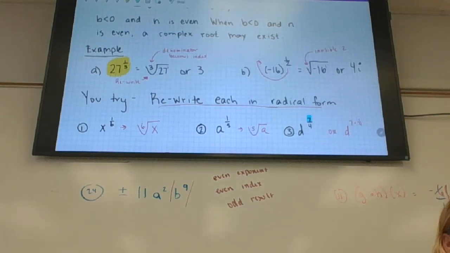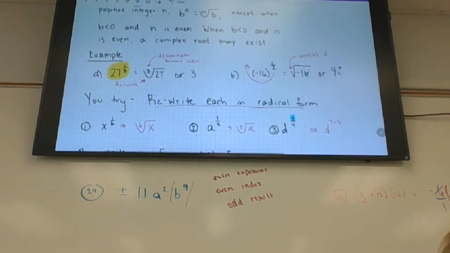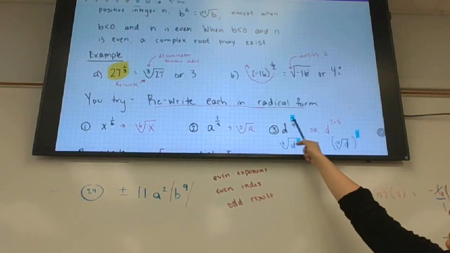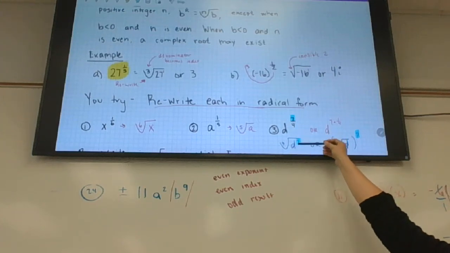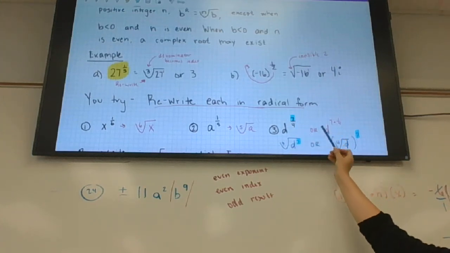What if there's a number up there instead of 1? You bring the 4 down and around, and it's the 4th root of d to the 7th, or it's the 4th root of d, and the whole thing is to the 7th. Either way, the 7 stays an exponent. The numerator stays an exponent, either under the radical or outside.